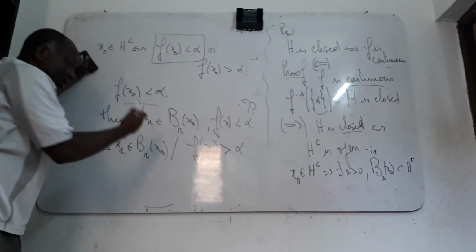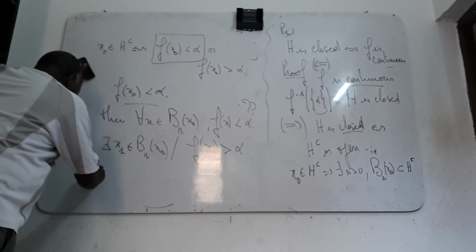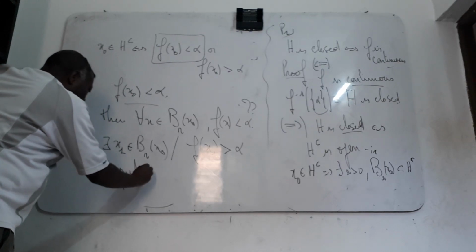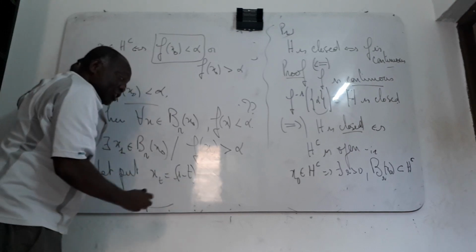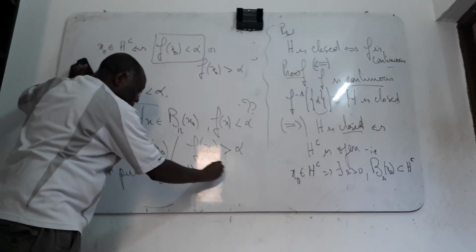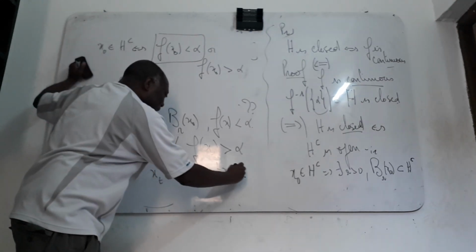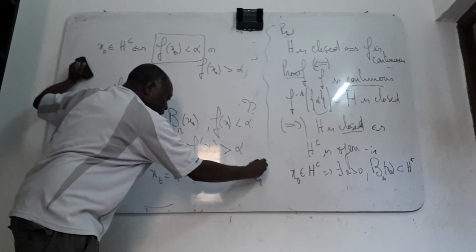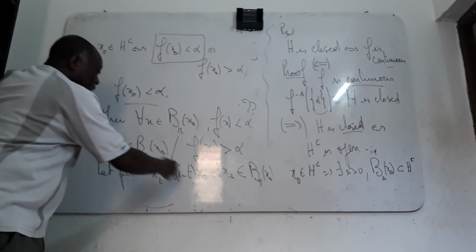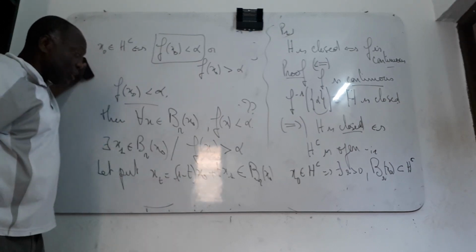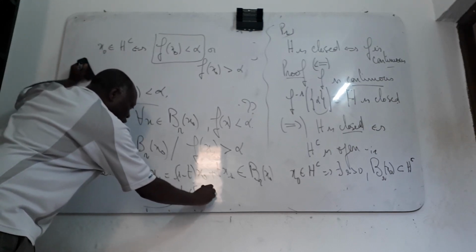So we suppose that this is true. Then there exists a point such that you have this kind of condition. When you put xt equal to (1 minus t) x0 plus t x1, this element is necessarily an element of this ball. It's very simple to prove, because x0 and x1 are elements of the ball, and you can do the same for all t in this closed interval.